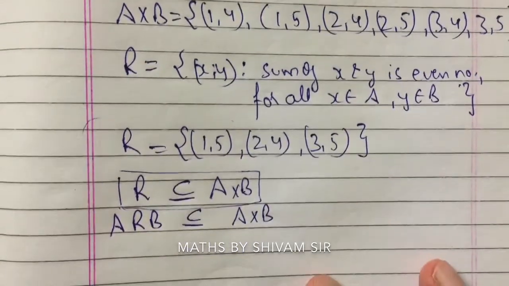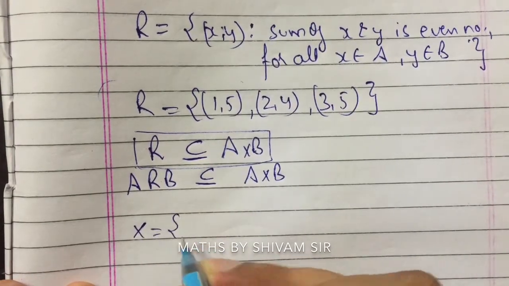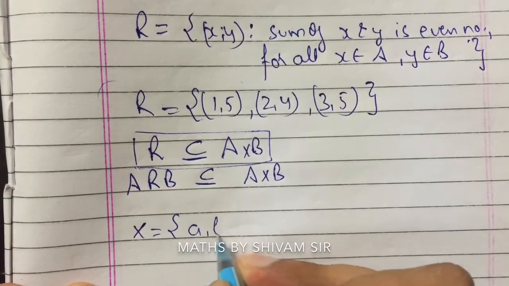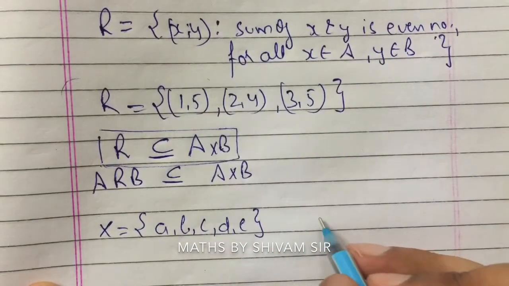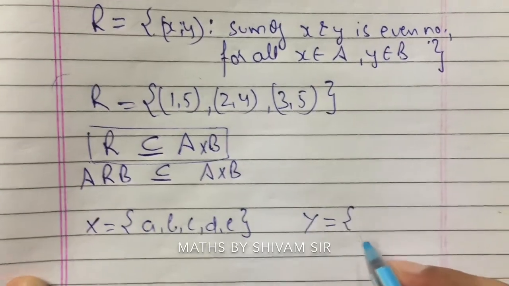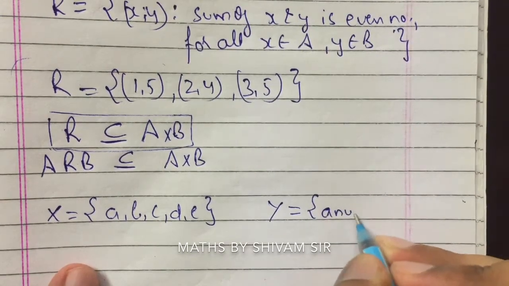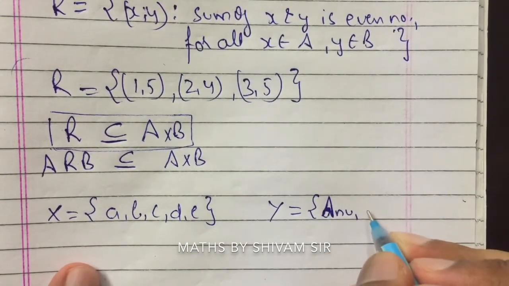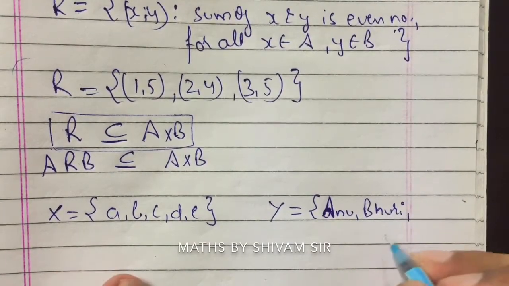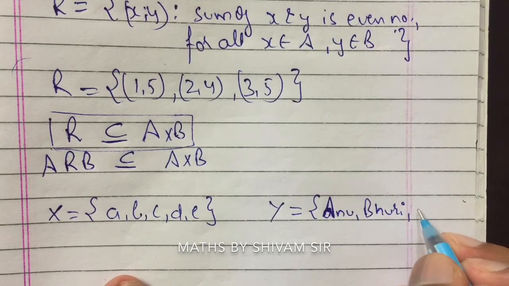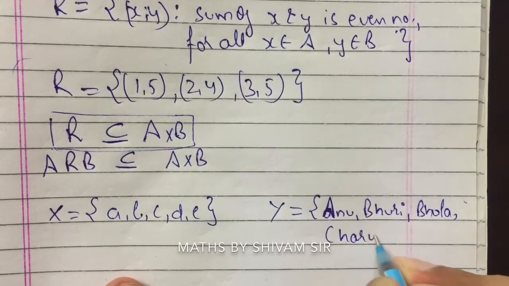Now let's take another example. Let X be a set of alphabets A, B, C, and also D and E. And Y is a set of names, say Anu, Bhuri, Bhola, and Charu.